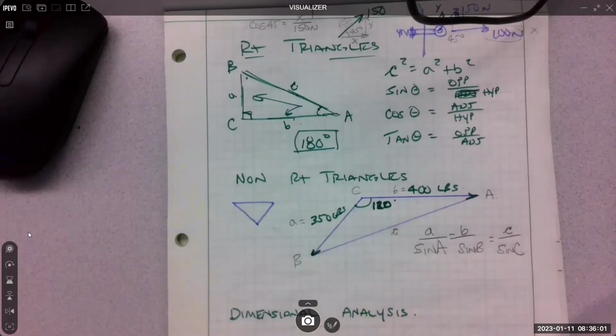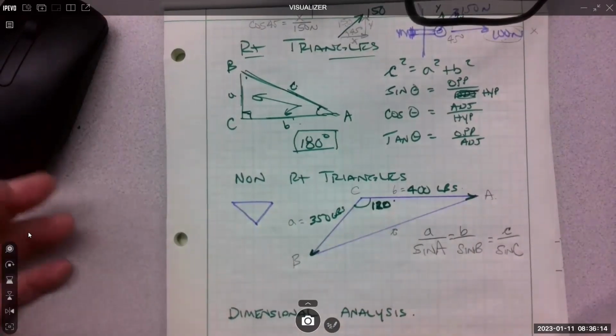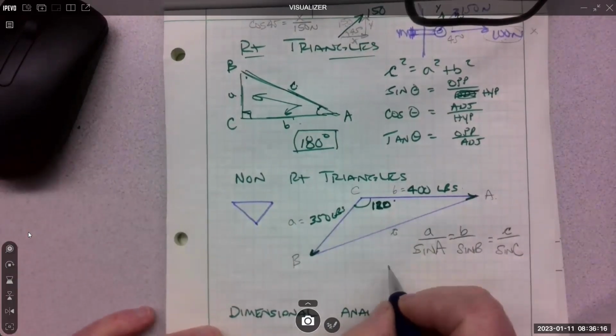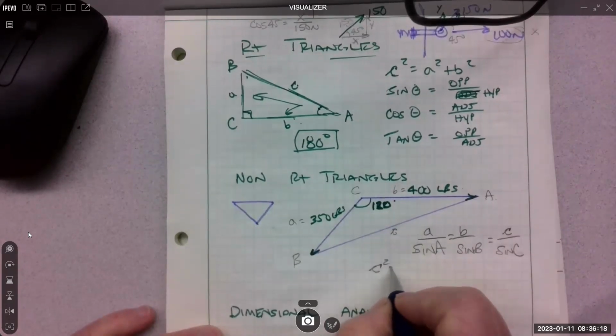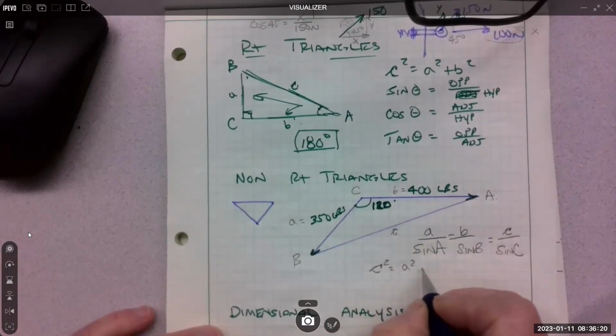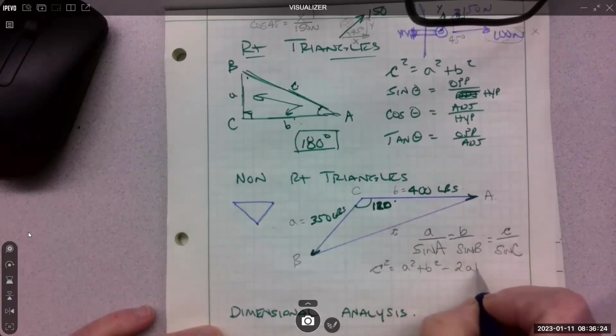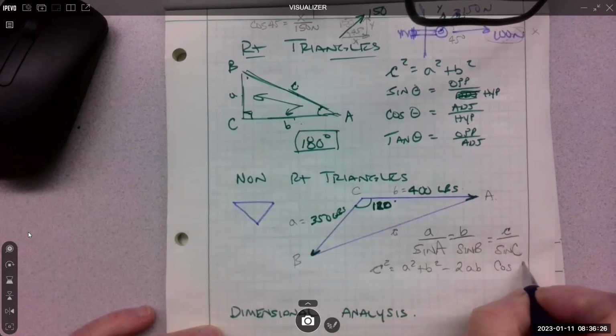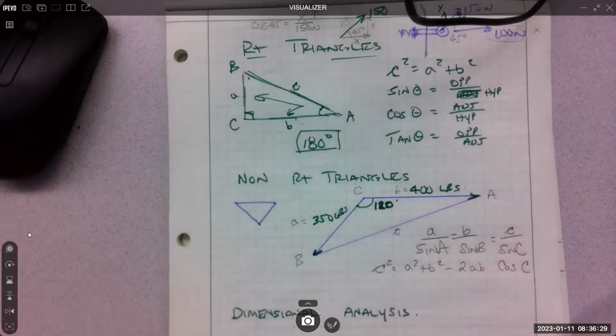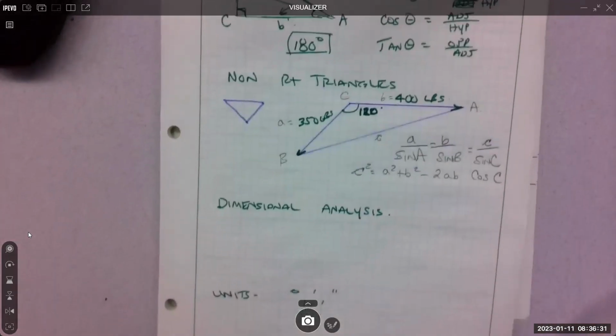Anyone know the other law we have for non-right triangles? Yeah, law of cosines. So this is in the book, like on page, I don't know, 4 or something, early in the chapter. Again, don't have to have these memorized, but we got to know how to run them. So the law of cosines is what? C squared equals A squared plus B squared minus 2AB cosine C. That one I happen to know.